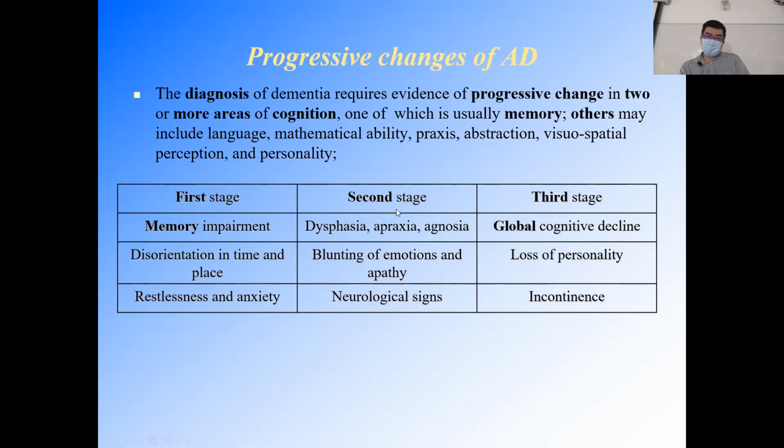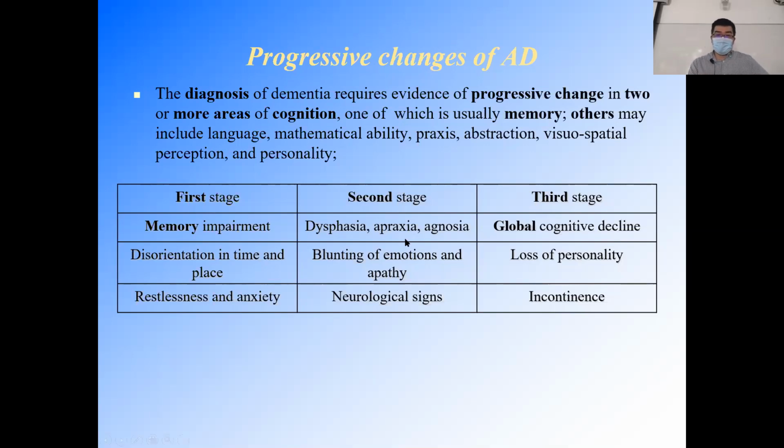Now, the second stage will be much more serious. Dysphasia is when the patient cannot generate speech, talk about something and so on. Apraxia is when they cannot move properly, doing some things. Agnosia is when they cannot properly sense things, receive information from the outside.